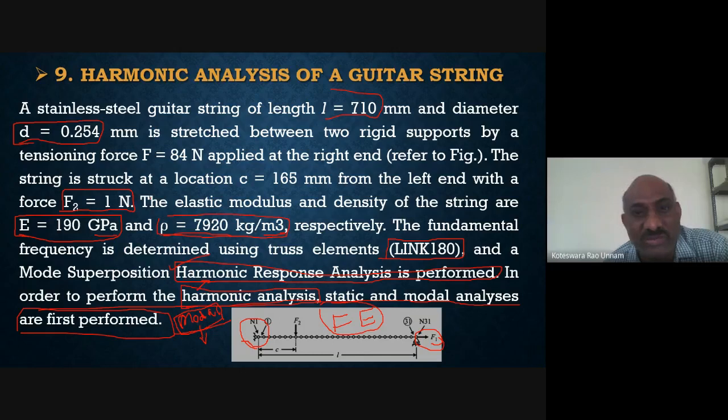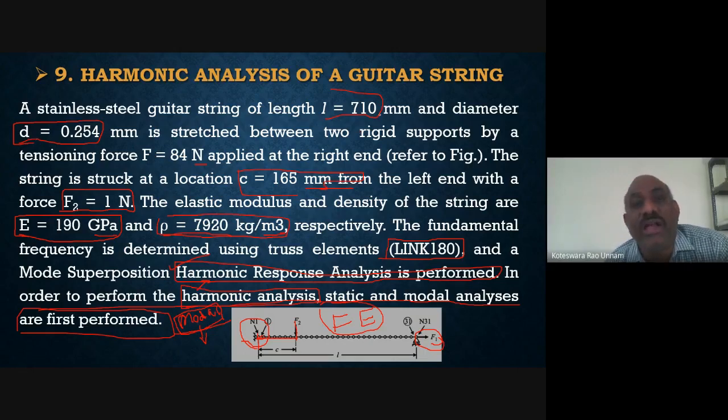Force, of course, is in newtons, no need to change anything. But here, C is equal to 190. That means where this force is applied. C is nothing but the distance between the point of application of this load to the left hand. That is given in mm. And even the diameter and length are also given in mm.